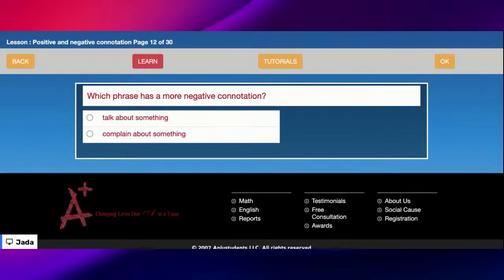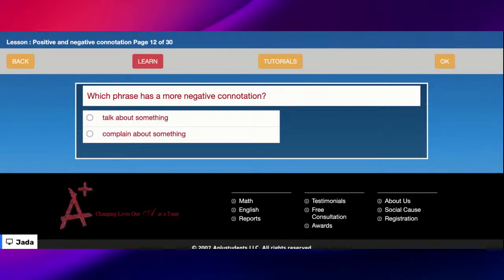Negative: talk about something or complain about that thing. So, which is the most negative? Yes, great, perfect. That's correct. Thank you, Adeline.